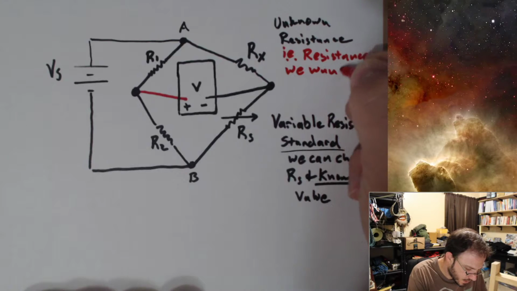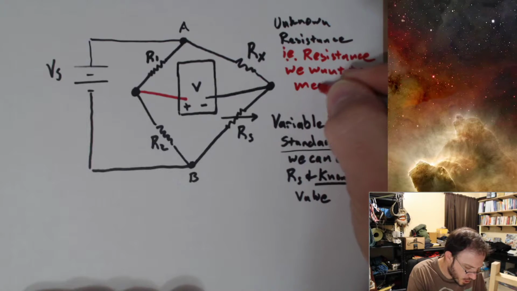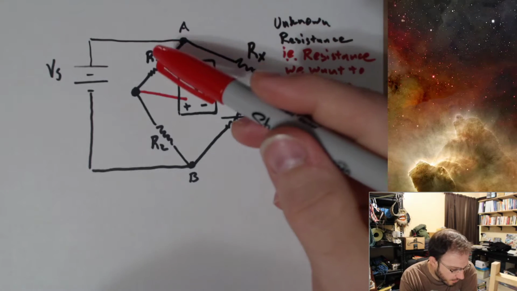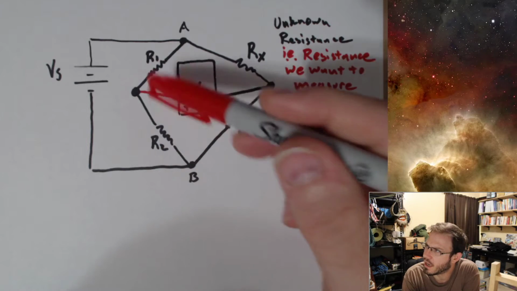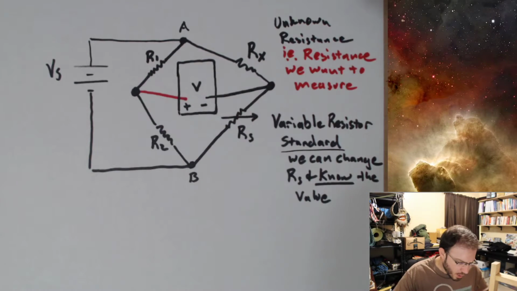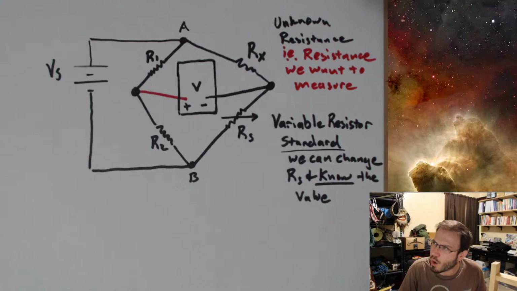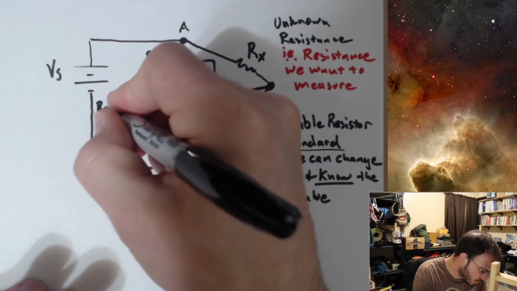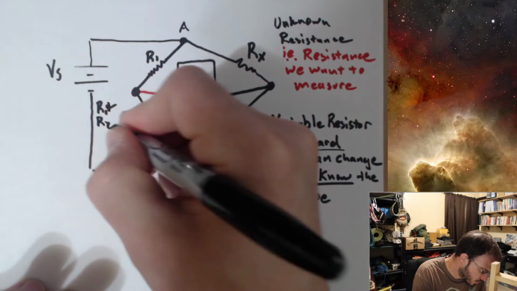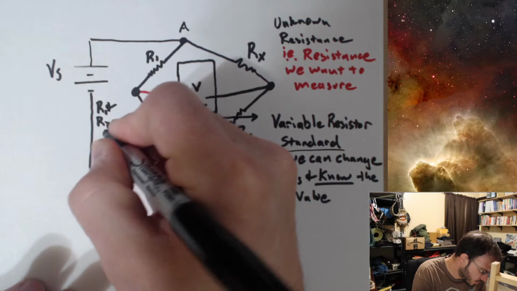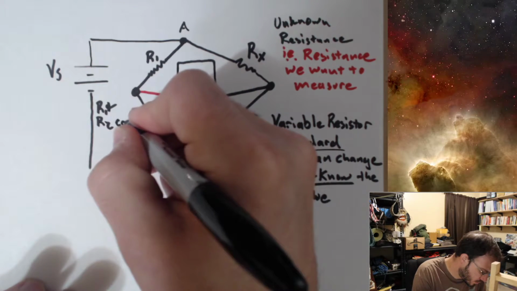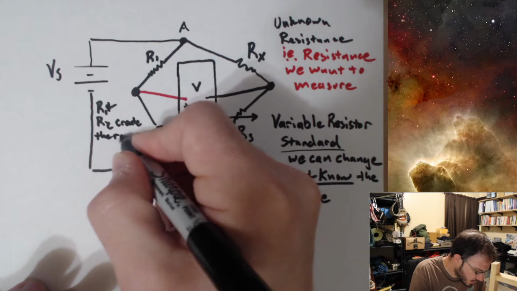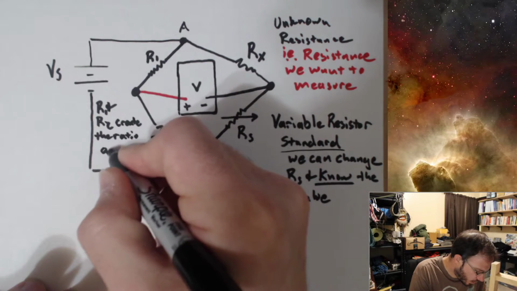We want to measure. Okay. And now we have these two resistors on the far left side, R1 and R2. We're going to refer to this as the ratio arm.